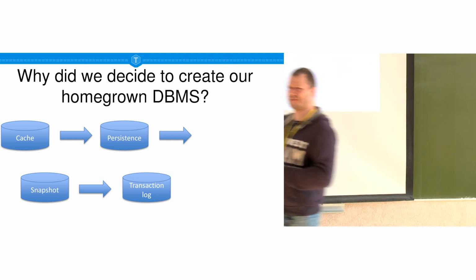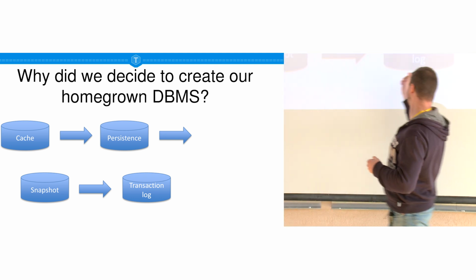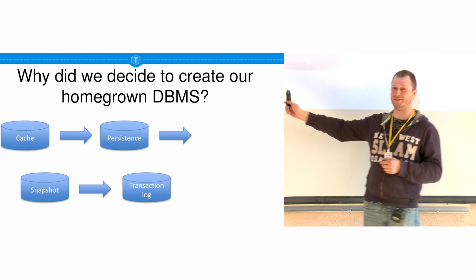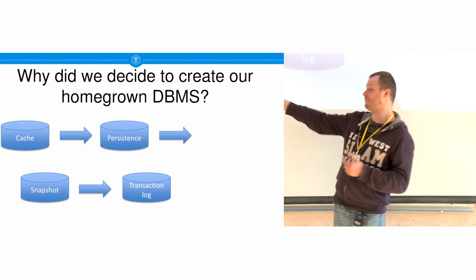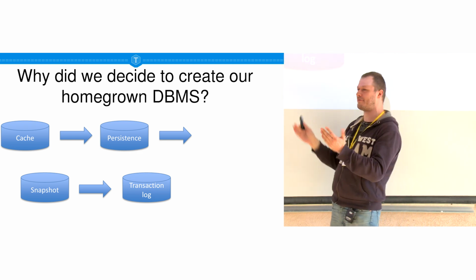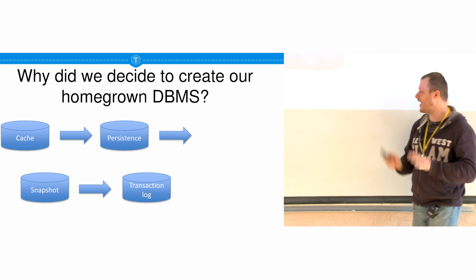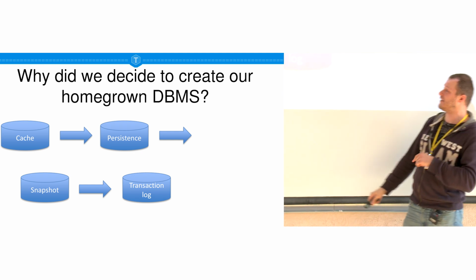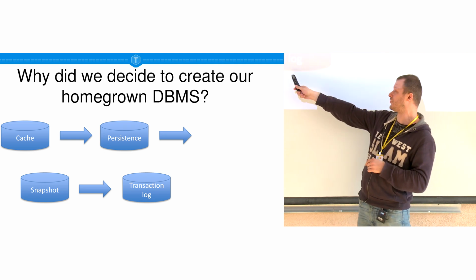When you have snapshots and a transactional log, your cache is a durable database from this point on, because now you store everything on disk. Every transaction, every change that you do inside your database, you store here.